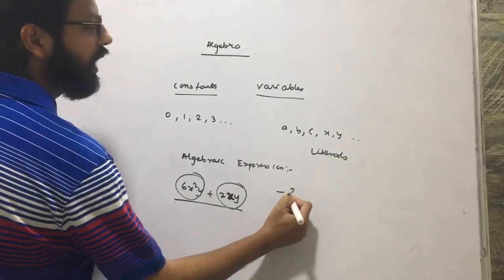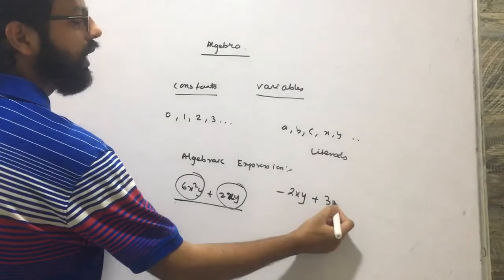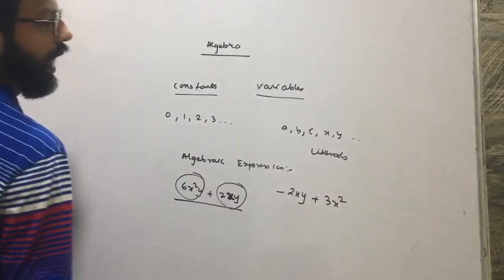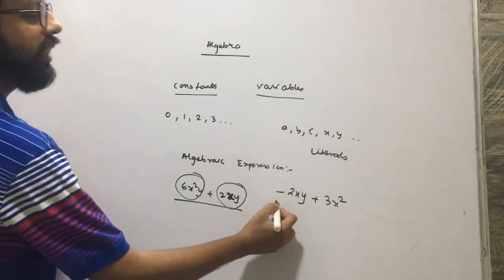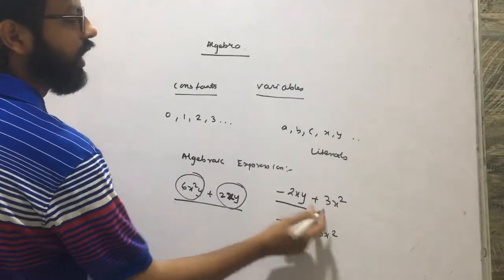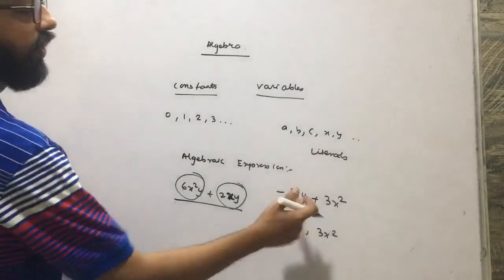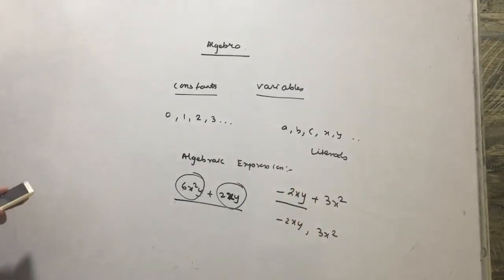For example, minus 2xy plus 3x square. Here the terms are minus 2xy and 3x square. So you have to write including the sign.